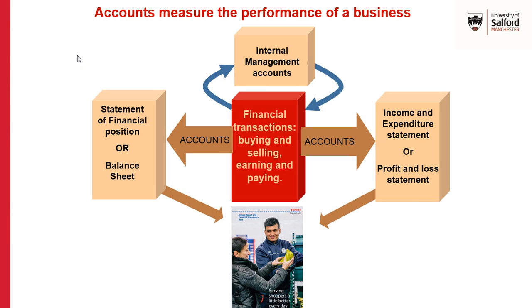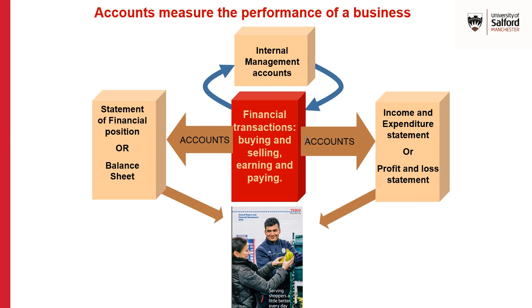So accounts measure the performance of a business. They start off by looking at the financial transactions, which they collect into accounts, which take each type of transaction. So sales will be one account, debtors will be another, fixed assets will be another.